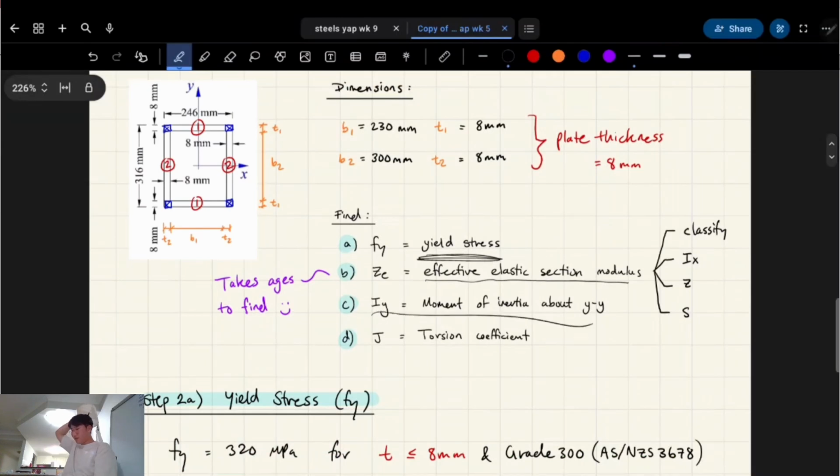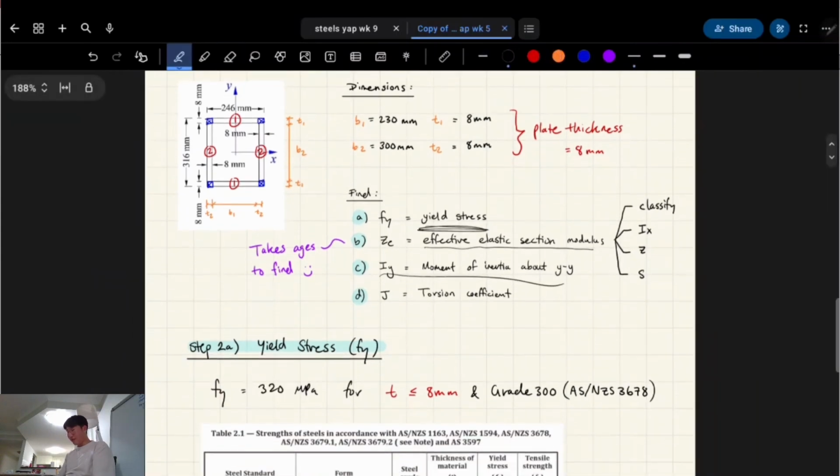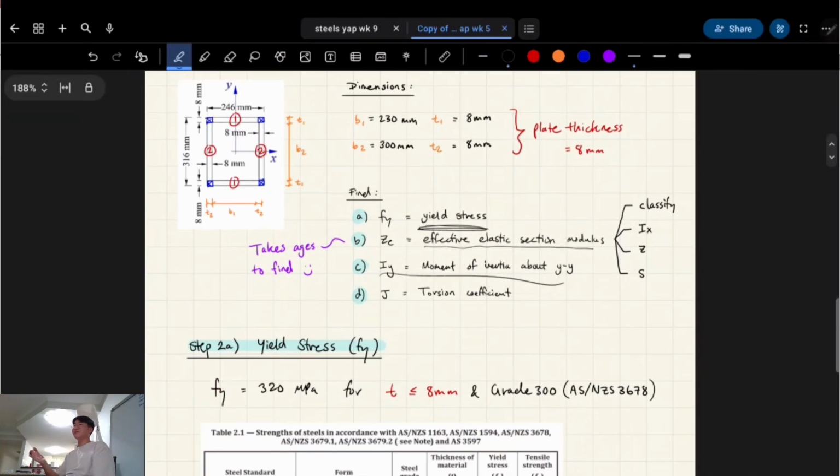We also need the moment of inertia about Y-Y, because we need that for the formula later that's going to be used for the reference buckling moment. The reference buckling moment is important in general, but especially for a box section, like a rectangular hollow section. You see how this is an assignment question. You're not expected to do all this in the exam, but I'm going to show you all the steps.